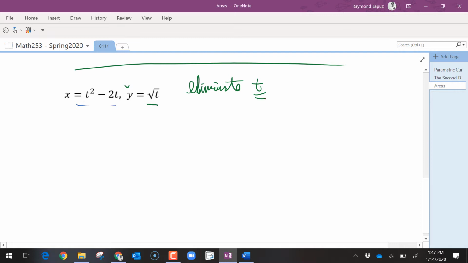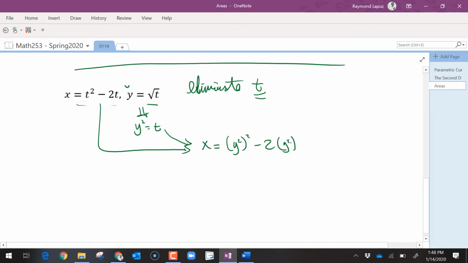Maybe I can square both sides here and get t by itself, and then put that into x equals t squared minus 2t. We found that t is equal to y squared. So it looks like x equals y to the fourth minus 2y squared. Interesting.